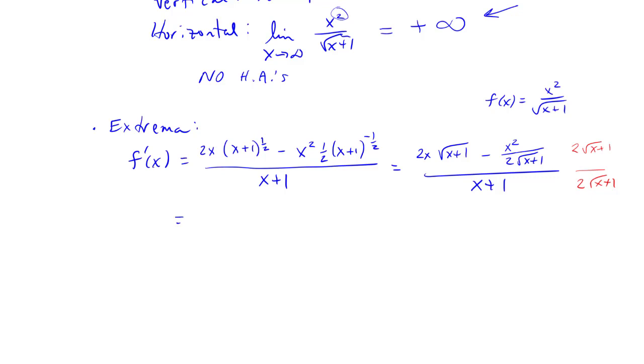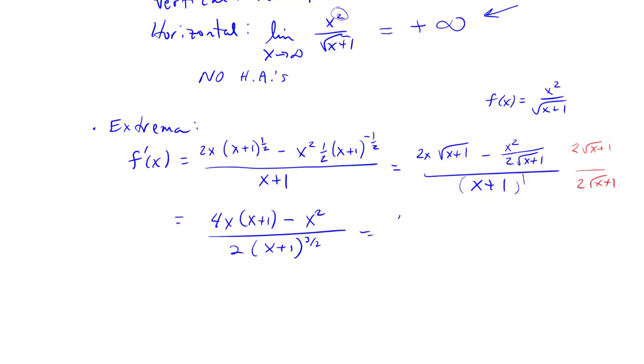In the numerator I get 4x times x plus 1 minus x squared, over 2 times x plus 1 to the 1 and x plus 1 to the 1/2, so I get x plus 1 to the 3/2.